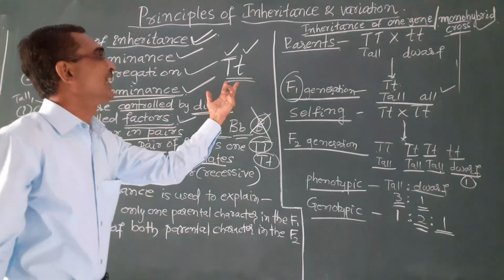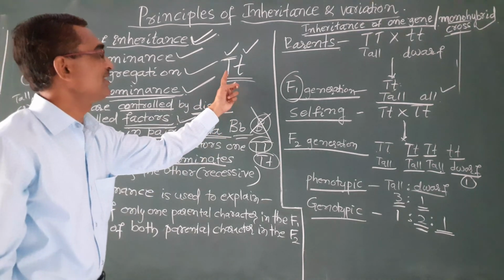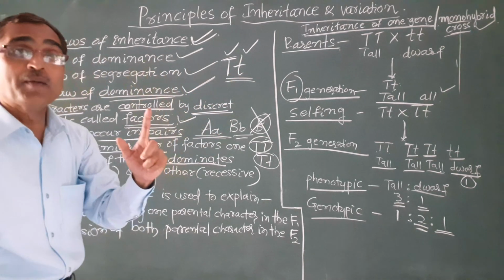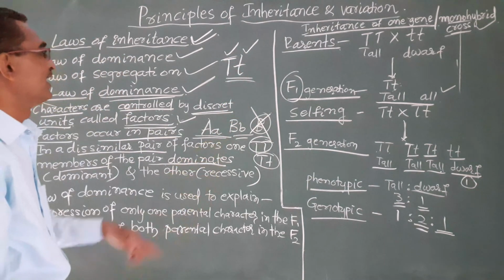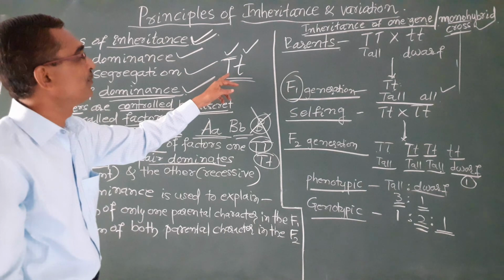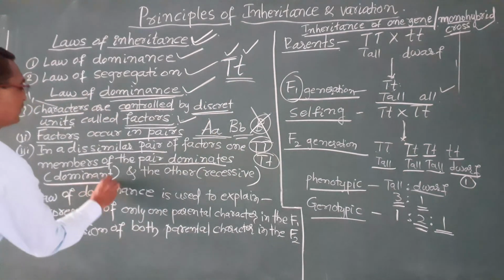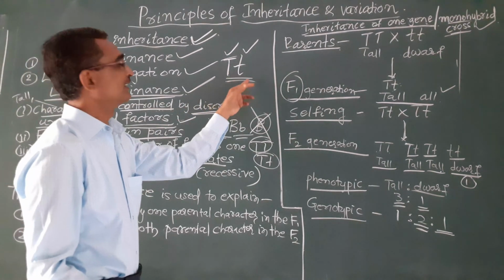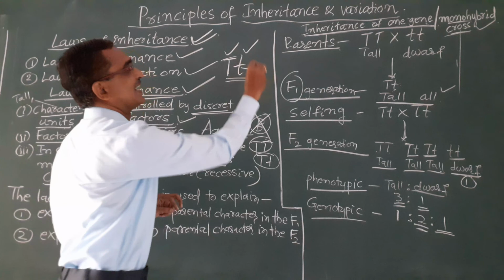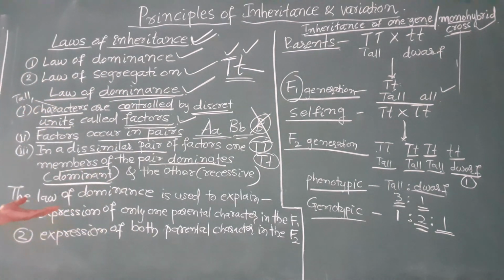So in a pair of dissimilar factors, capital T and small t, one member dominates over the other, and the member which dominates is known as the dominant. The other member is known as the recessive.